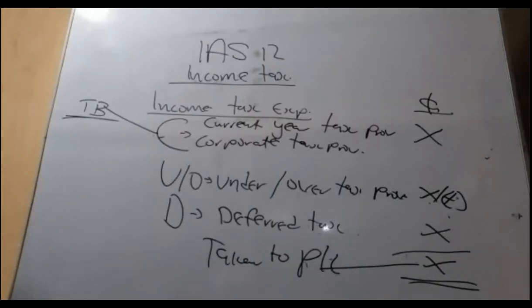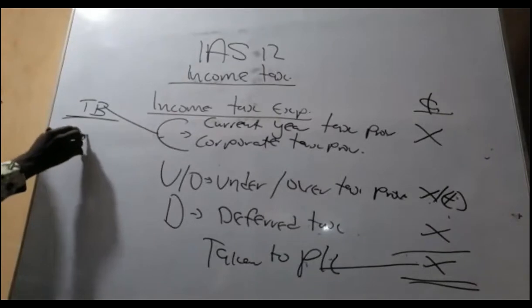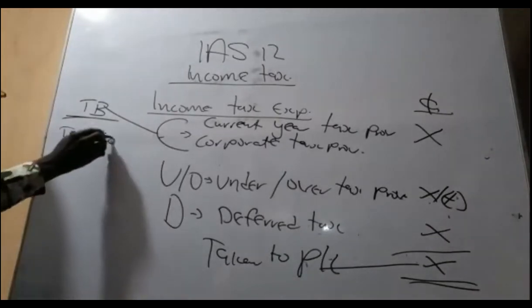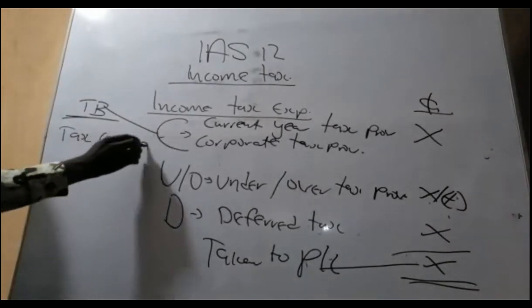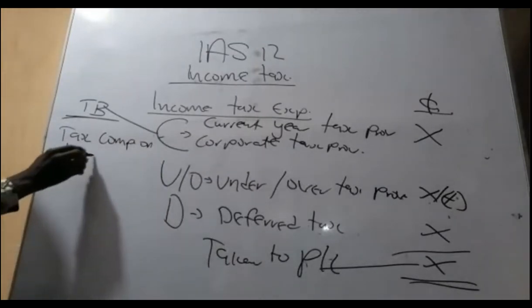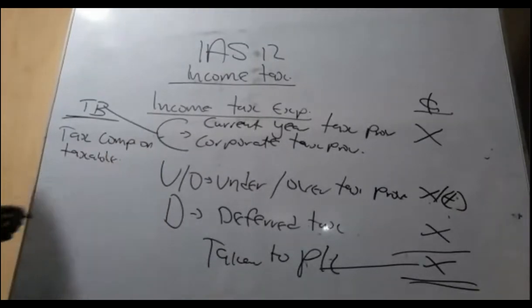They will call it tax computed on taxable profit, or income tax expense for the year. If it's in a trial balance, it will be on the debit side, notifying you that it's an expense. How do we get it? Good. And it ends there.